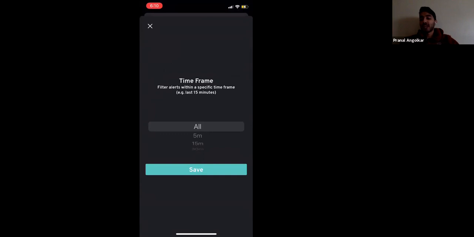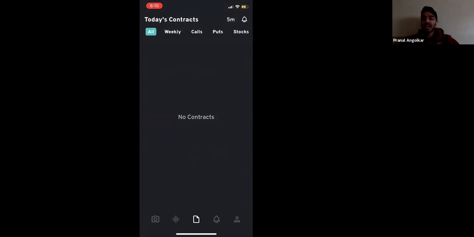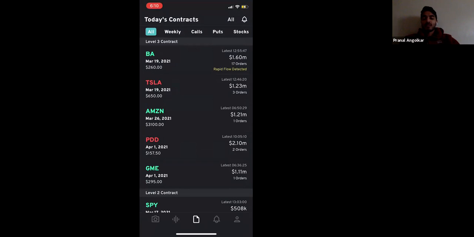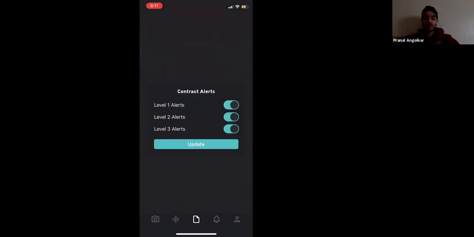And then what you have here, which is I think the best indicator on the app, is by time frame. So if you're trading in the morning or midday, and let's say I'm at 12 p.m. Eastern, just looking at a stock I'm trading, I can see in the last 5 minutes, midday, where's the flow coming in? Obviously, you can't see any contracts right now, but for this section, I can go an hour back, 30 minutes back, 15 minutes back, etc. Also here I can set my contract alerts.